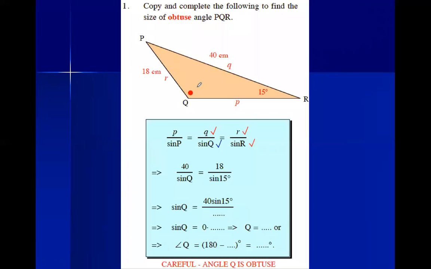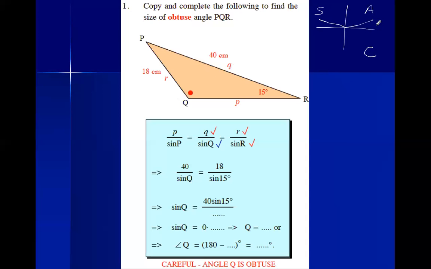Sometimes you'll be asked to find the size of an angle bigger than 90. And remember when we were looking at CAST, sine was positive here, but sine was positive here as well. This one is less than 90, but the second angle that we used to find was bigger than 90. And that is the obtuse angle.